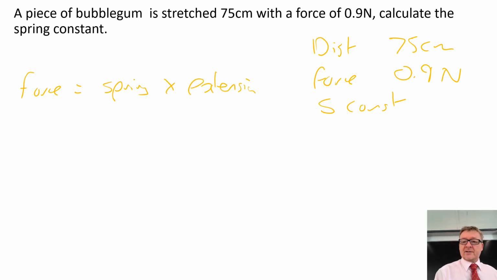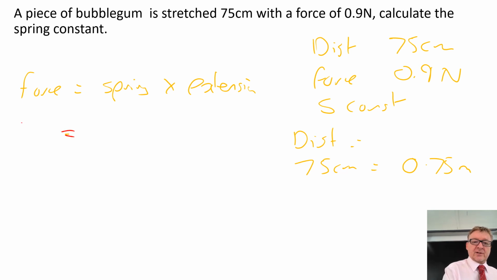Distance, we know it's got to be in meters, so 75 centimeters equals 0.75 meters. So we substitute in: force is 0.9 equals a spring constant, we don't know, times extension 0.75.